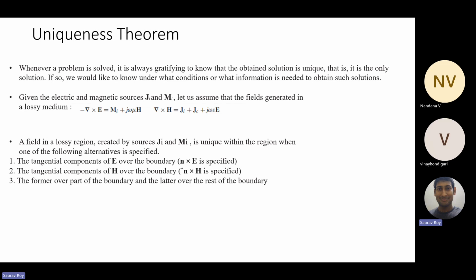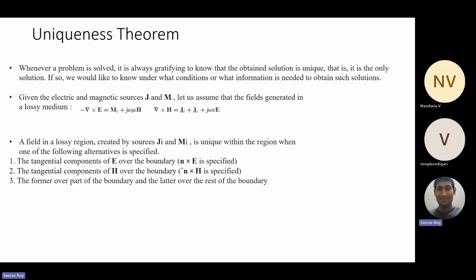I hope you have seen J_c, the current density of conducting and impressed current density. And M_i is the term you might not have seen. This is the magnetic source, magnetic current density. Magnetic current density is a term which does not exist in reality, but for the sake of simplicity, we assume it.